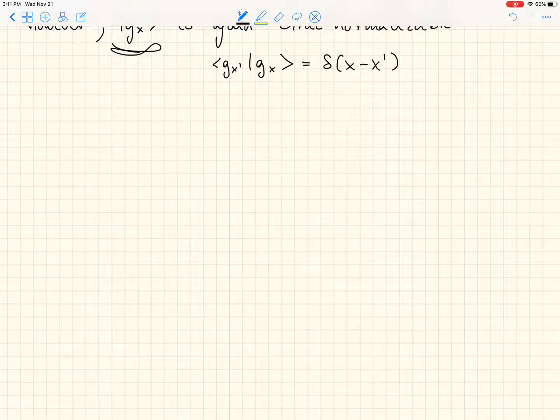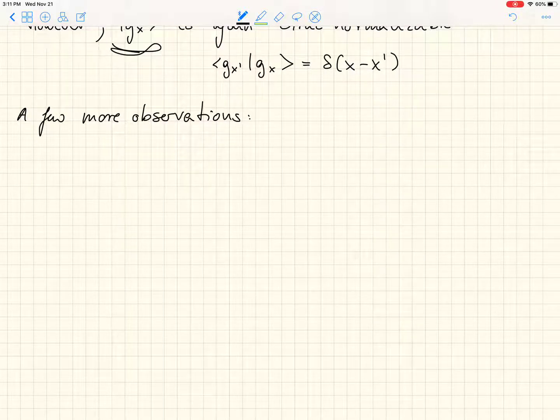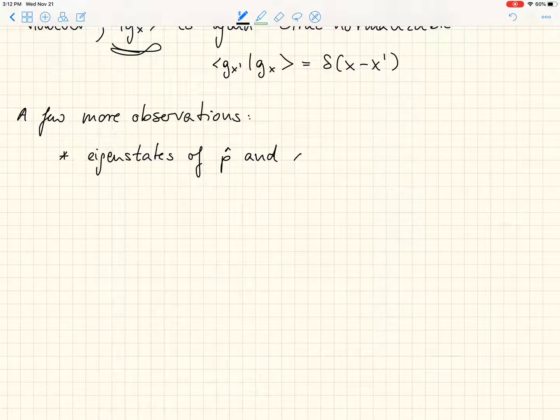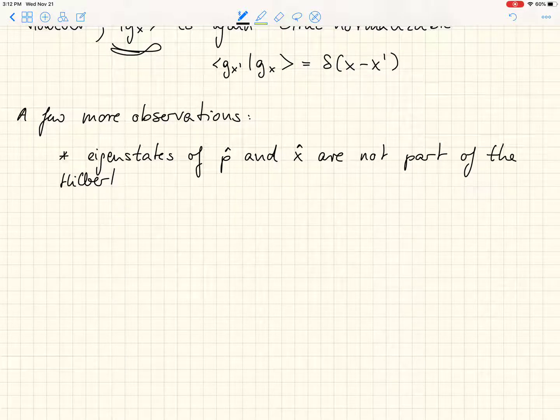A few final observations on this topic. We've seen that the eigenstates of P and X are actually not part of the Hilbert space.